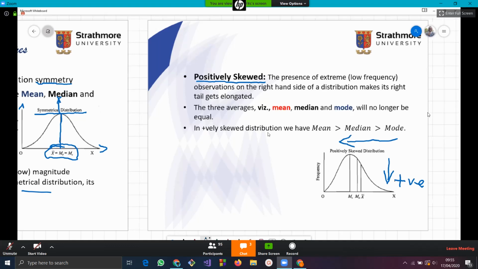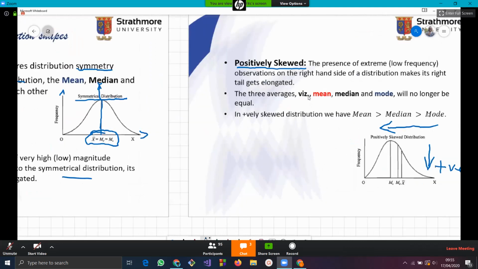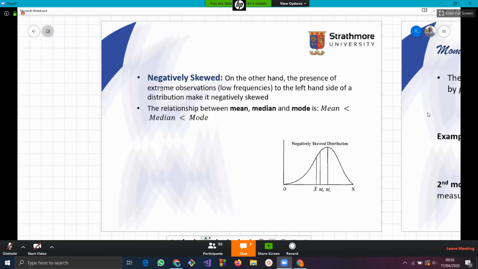And we finish by checking a negatively skewed data set or distribution. In a negatively skewed distribution, low frequencies are concentrated on this side. Low frequencies means that the curve will hit lows on this side.